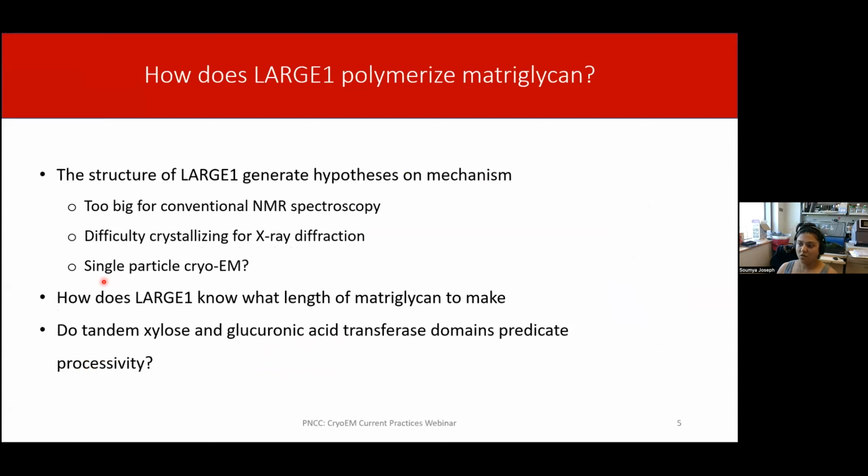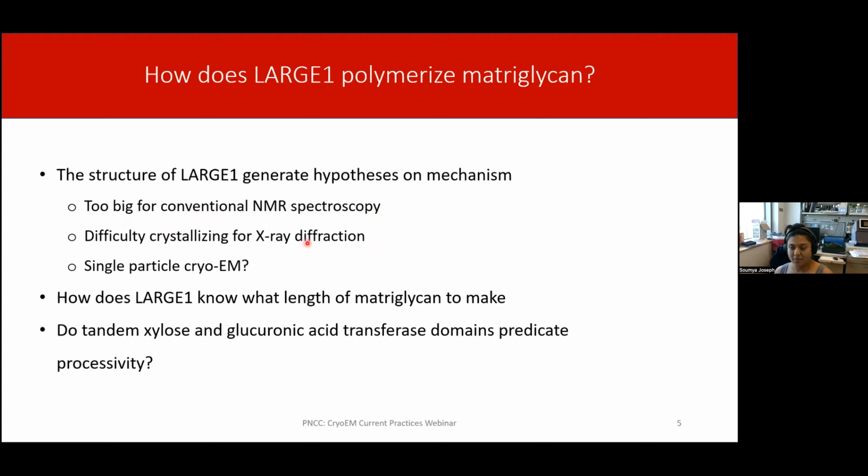And essentially, we want to generate and test various hypotheses on mechanism. So LARGE1 is, like the name says, a bit large. It's 200 kilodaltons in solution, so it's a bit big for conventional NMR. We and others have tried crystallizing it.